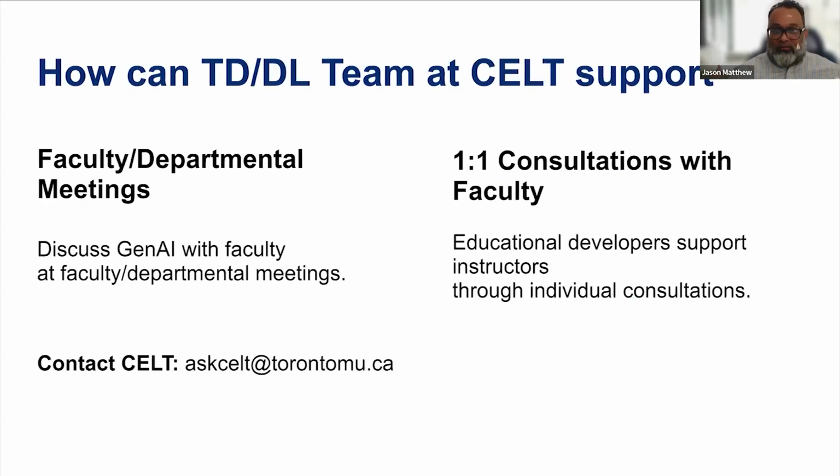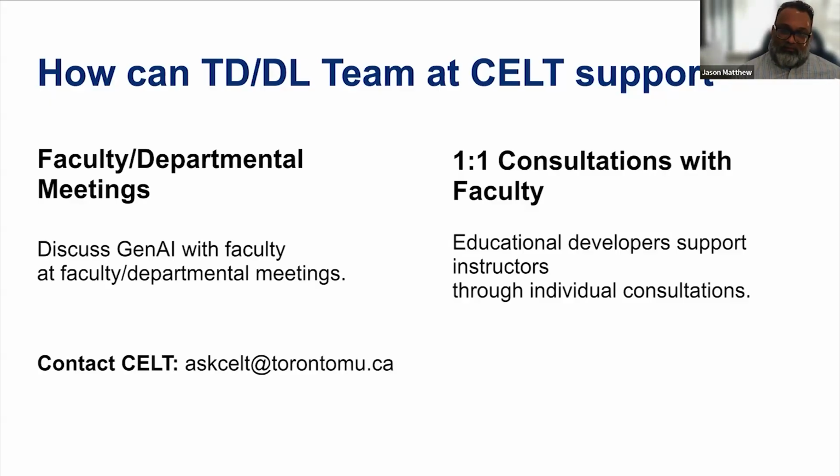All right, so how can the TDDL team help? How do we give support? We do it at two levels. We do it at the departmental level, where the DL team and other educational developers come in and talk to the departments. At that level, we come to the departmental meeting, discuss AI, and address any questions and concerns. So if you think this could benefit your department, please talk to your chair. We are happy to come in there.